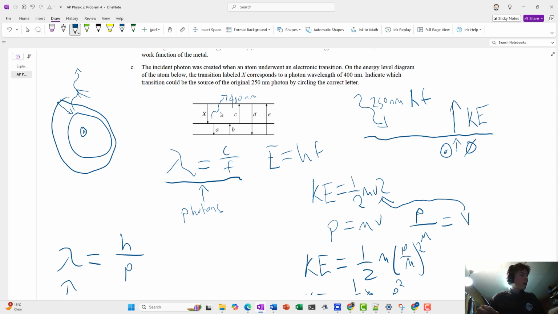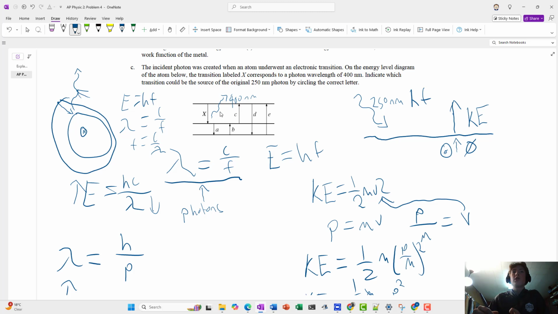To solve this part of the problem, we have to go back to these two equations, E equals HF, and lambda is equal to C over F. So we can rearrange, and we get F is equal to C over lambda, and so our energy is equal to H times C over lambda. So that means that if the energy increases, our wavelength decreases.